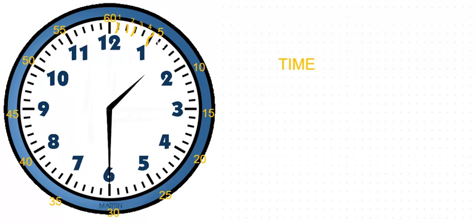The large numbers going from 1 to 12 tell us what hour it is. This is 1 o'clock, 2 o'clock, 3 o'clock, 4 o'clock, 5 o'clock, 6 o'clock, and so on. This long arrow here is what we call the minute hand.